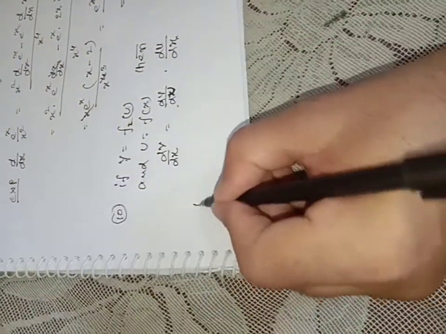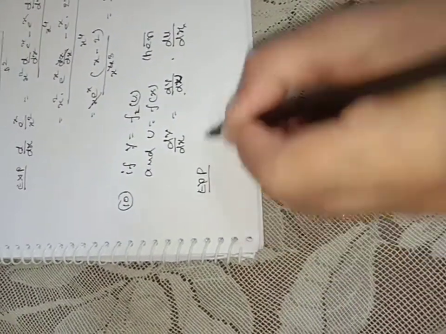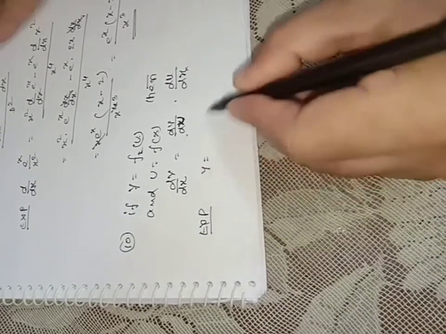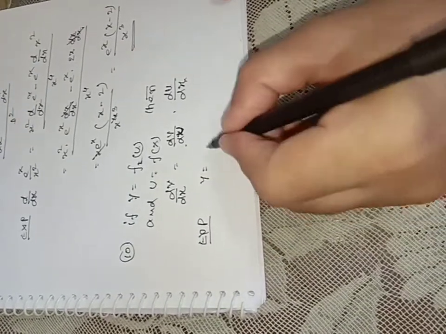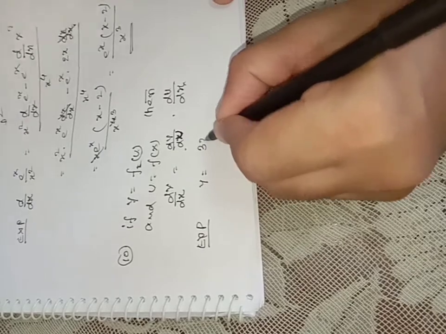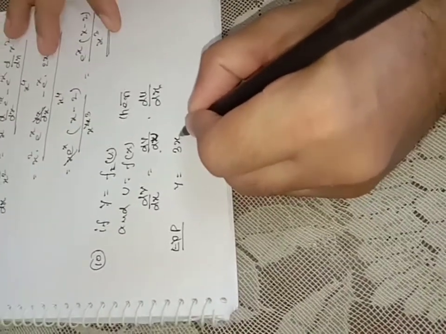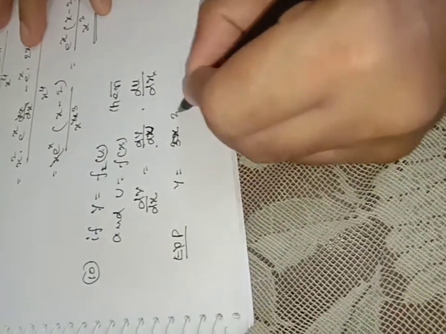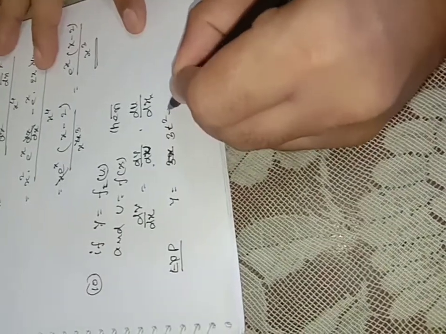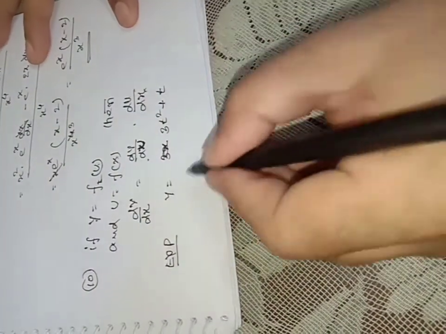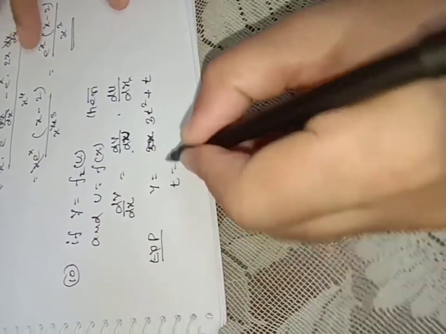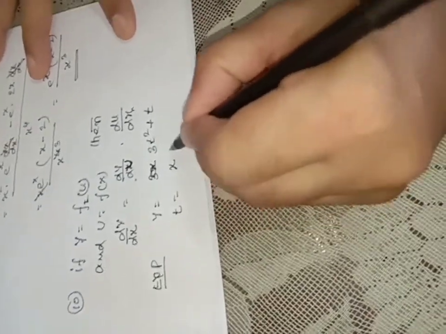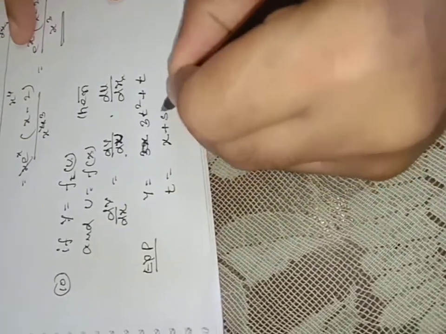For example, suppose y is equal to 3t square plus t and t is equal to x plus 5.